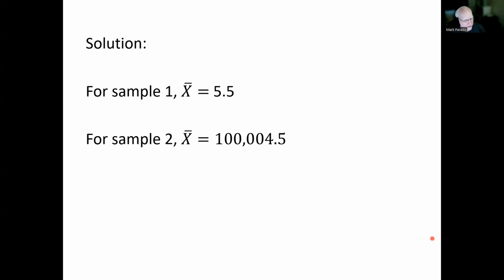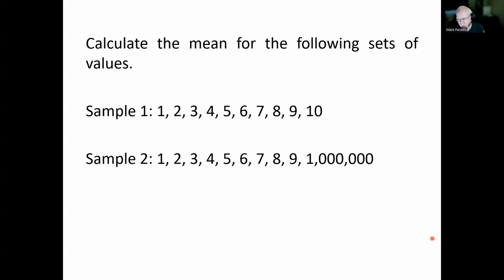The 1 through 9 are all approximately 100,000 less than what the mean is, and the highest one, the million, is about 900,000 away. So if we showed somebody this data, 1 through 9 and 1 million, the typical value, even though that 1 million seems to be right out there, if we wanted to say what we'd expect.